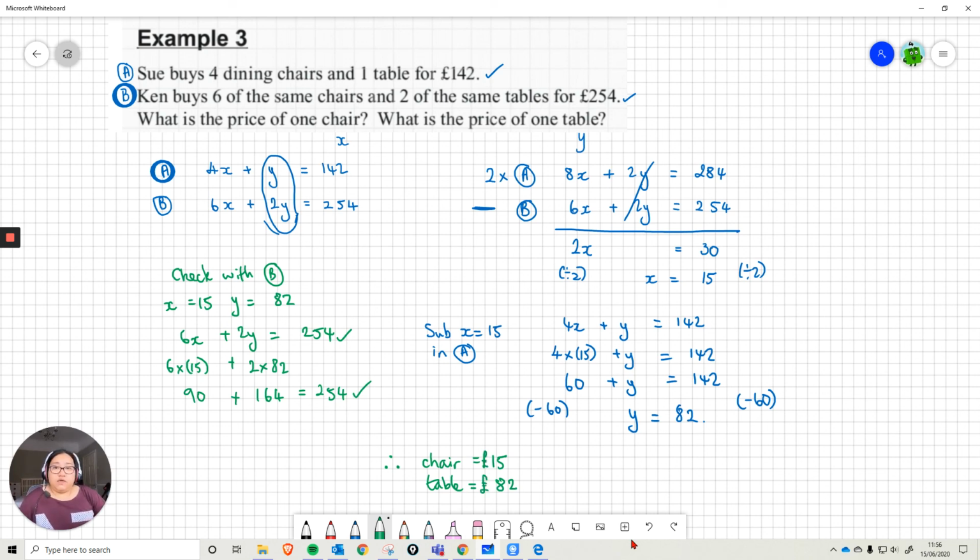Just to recap, the first thing you've got to do is choose your variables. Stick with x and y if you wish, or like I said, some people like to use the first letter. I could have used C here and T here if I wanted to, but choose your two variables.